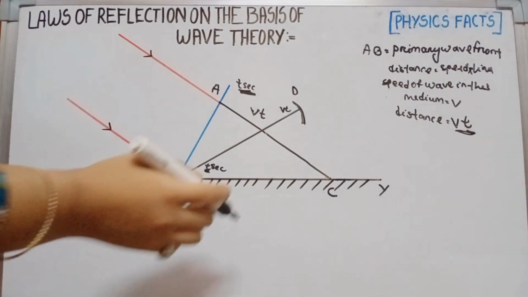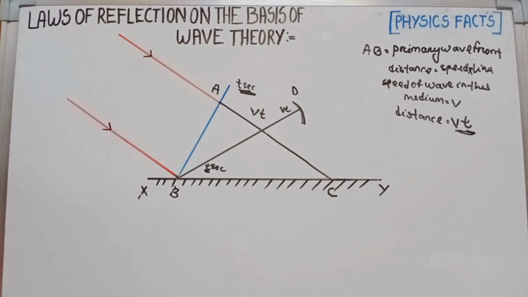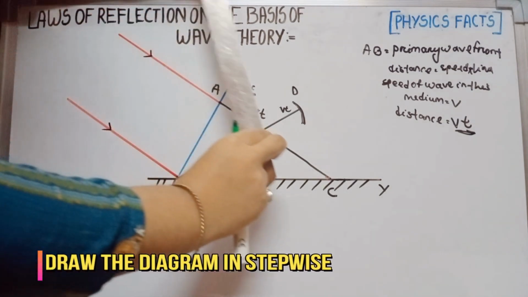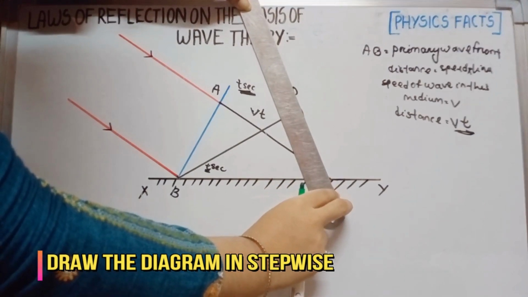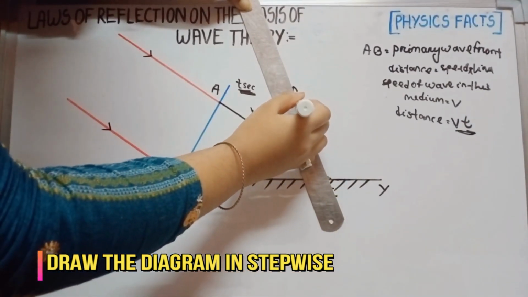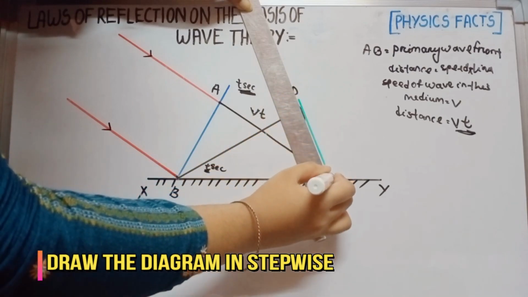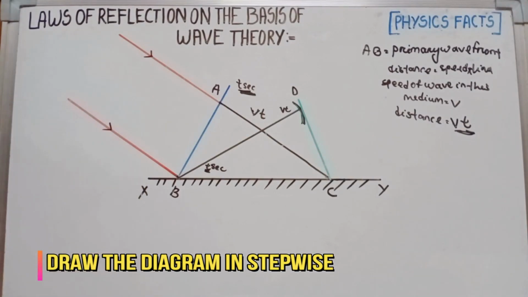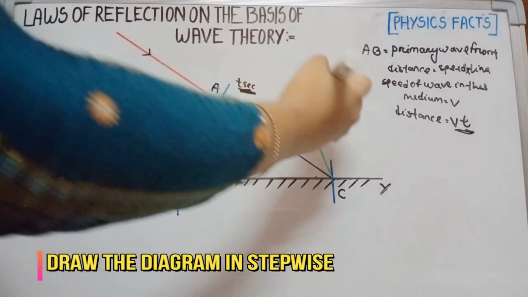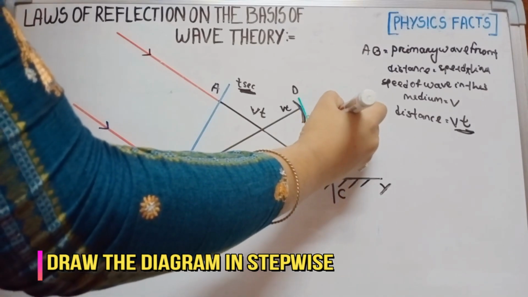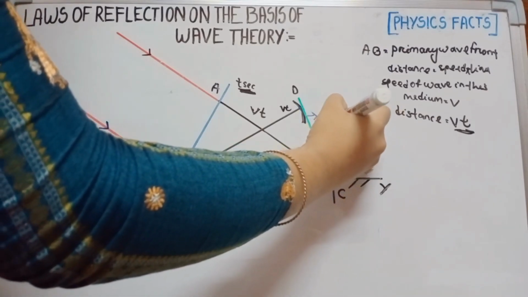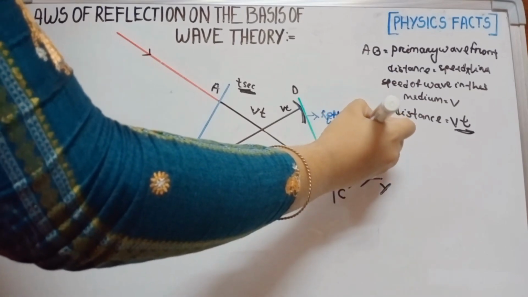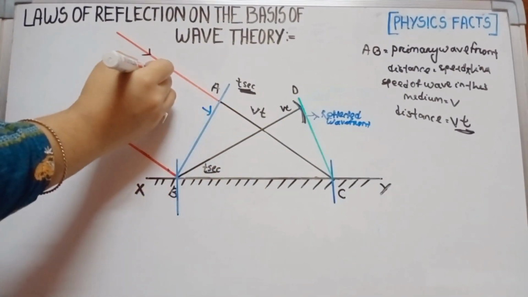Now we draw the tangent over the secondary wavelets in the forward direction. We draw the tangent from point C over the point D. This gives us the secondary wavefront, called the reflected wavefront. And this is the incident wavefront.